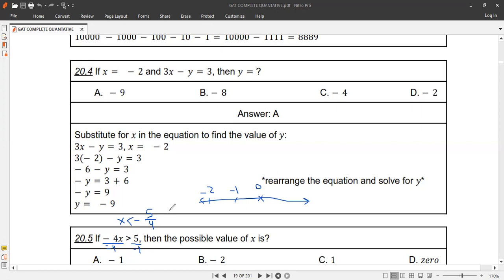Here I want -5/4, which is -1.25, which is here. So X will be these values. So the possible value here is -2.